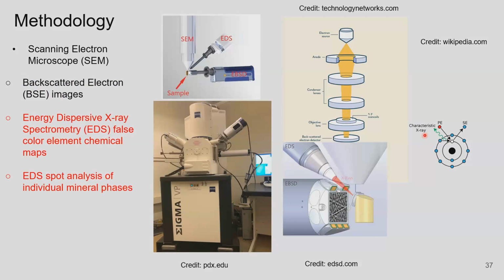The whole point is that you can use these to tell you what elements you're looking at, what mineral phase you're looking at, and what its chemical composition is. So the two work in unison, using backscattered electron images combined with EDS, or energy dispersive X-ray spectrometry, false color maps.